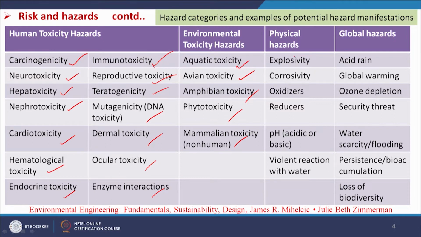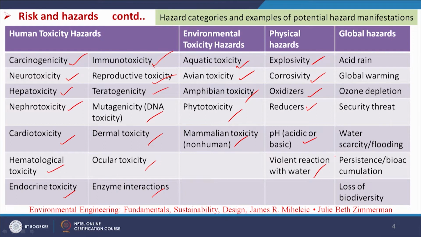And physical hazards we have already discussed in the introduction class: explosivity, corrosivity, oxidation or combustibility, the reducers, pH and violent reactions with water. So, those are the physical hazards. And some new global hazards have been identified with respect to climate change.